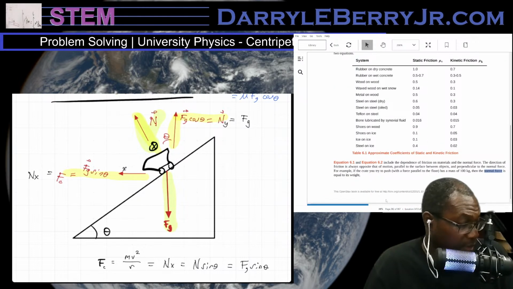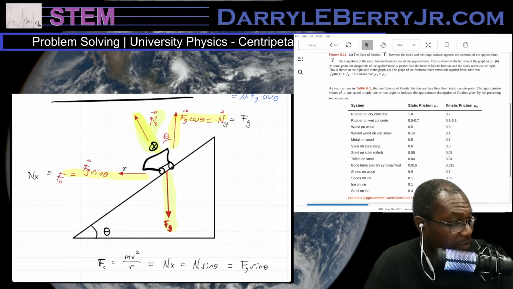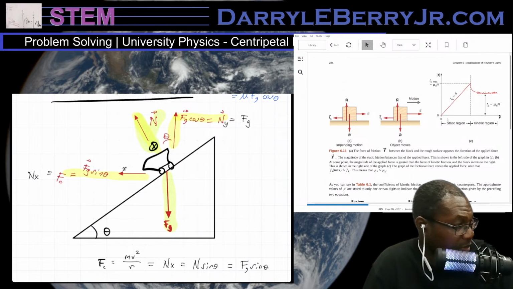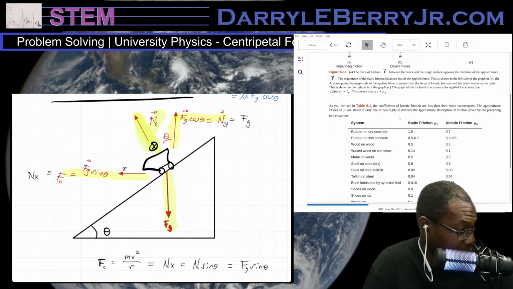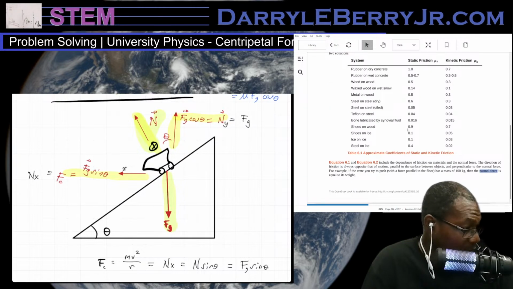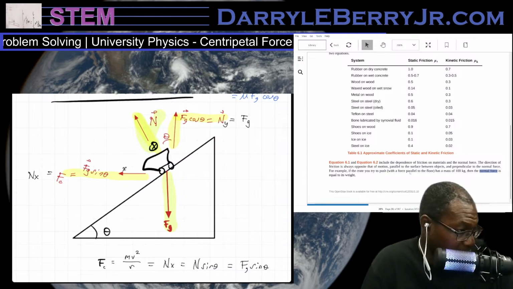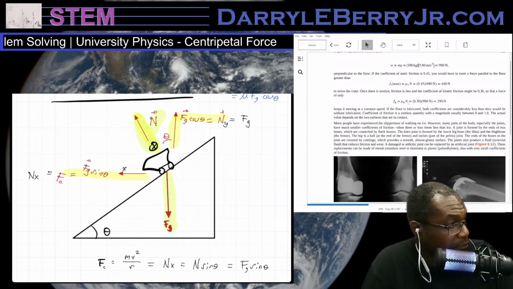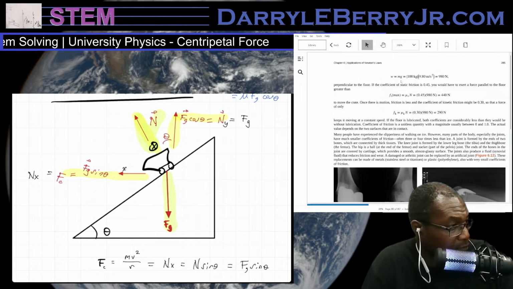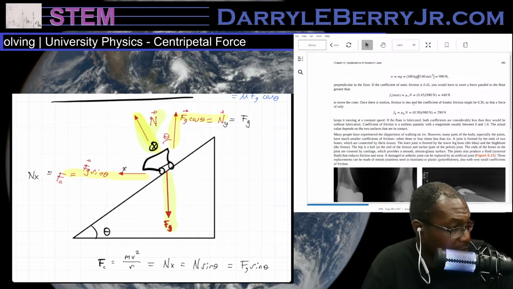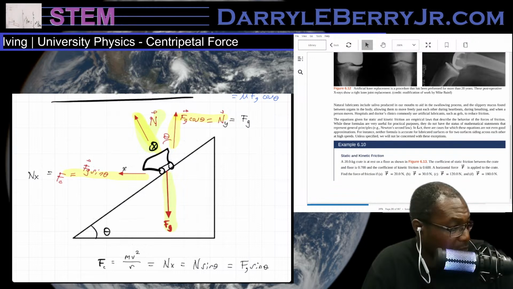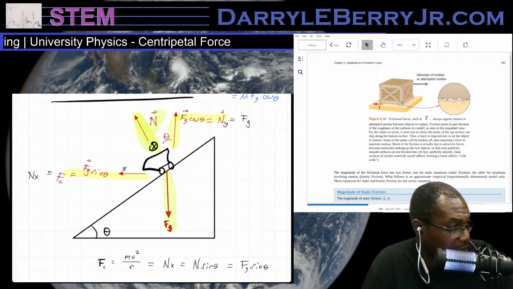Let's bring it over, probably looking a bit farther to the left. For some reason, this thing keeps shooting to the other side. For example, if the crate you try to push with a force parallel to the floor has a mass of 100 kilograms, then the normal force is equal to the weight. So there you go, N equals mg. But here they seem to be saying N is something else.